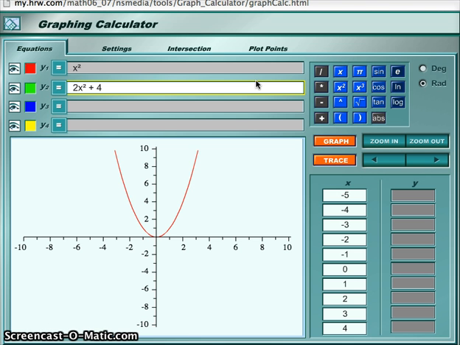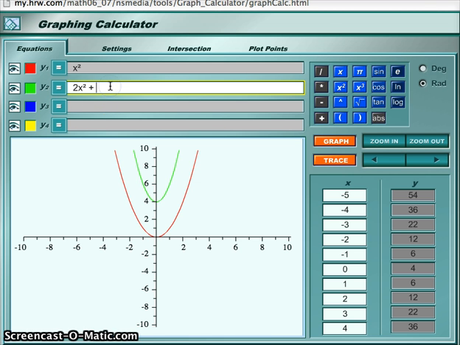See if you can predict what the changes are without hitting the graph. You should have been able to predict that your graph will be narrower than the parent function and translated vertically up 4. It is narrower, and you'll notice that the y-intercept is at (0, 4).